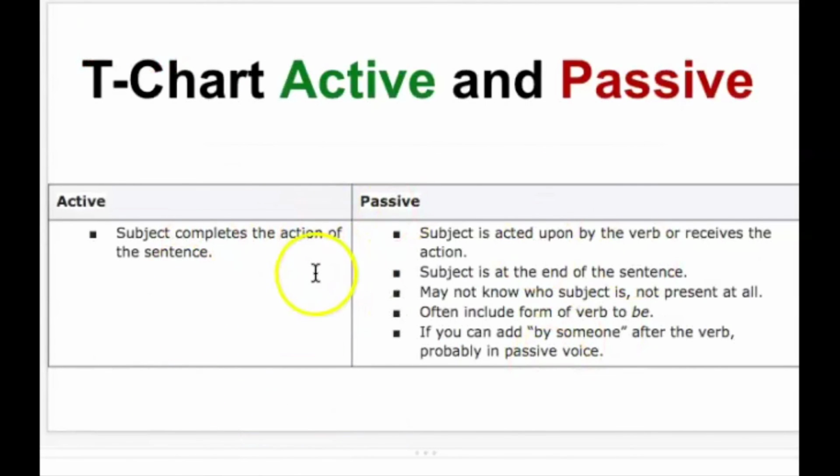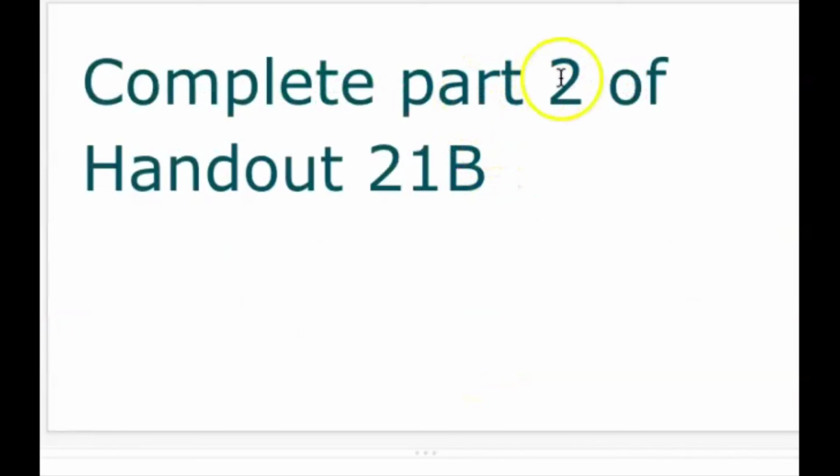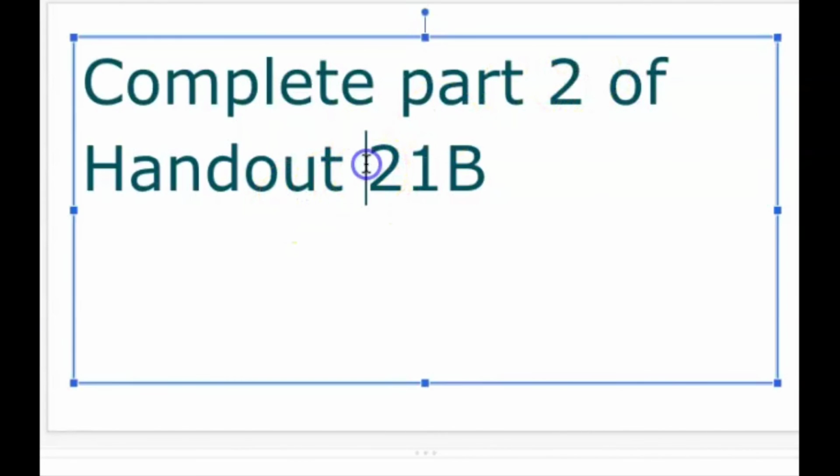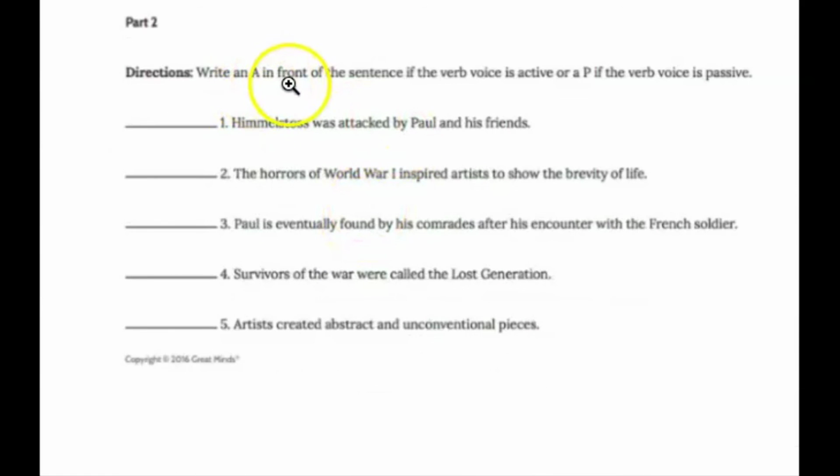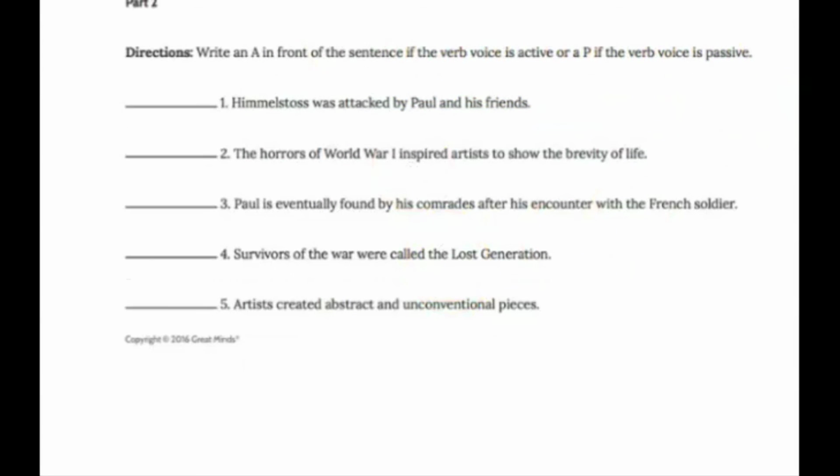So for example, copy this T-chart inside of your workbook and then complete part 2 of handout 21B. Part 2 is here. Write an A in front of the sentence if the verb is active and a P if the verb is passive.